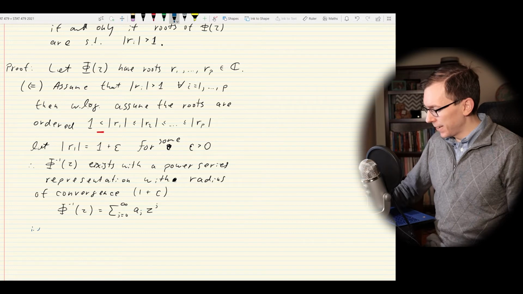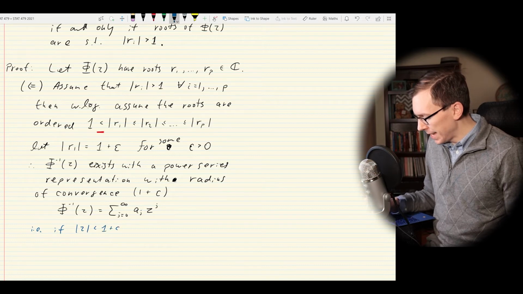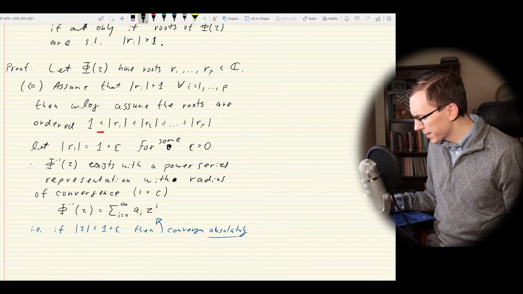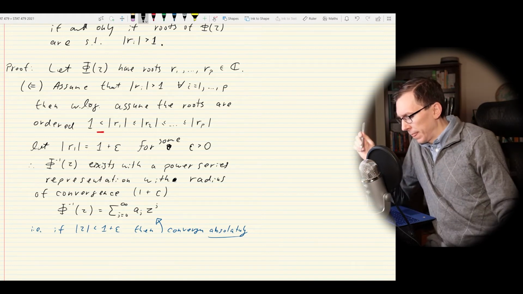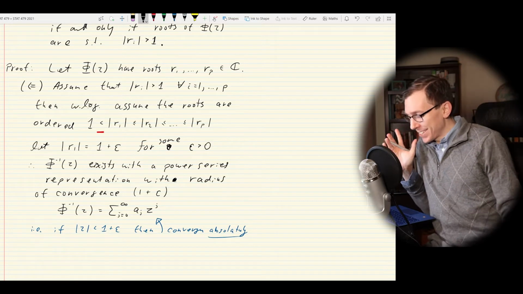Let me make that explicit: if z in magnitude is less than 1 plus epsilon, then this converges, absolutely, I believe, is the correct way to say it. Okay, good. So that's basically what's going on here.